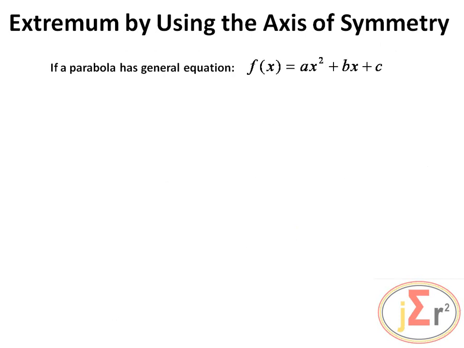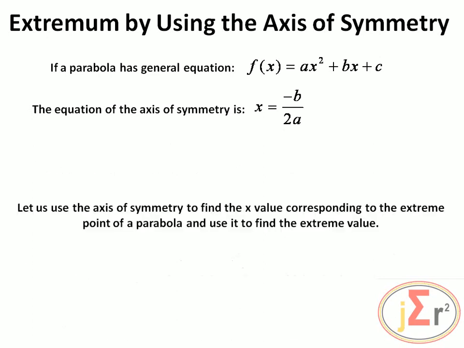So if a parabola has the general equation that we are accustomed to, ax squared plus bx plus c, the equation of the axis of symmetry is x is equal to negative b over 2a.